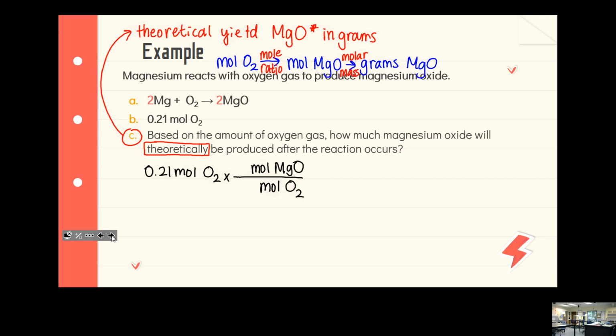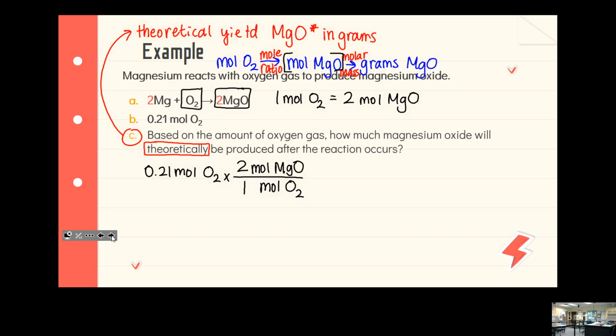I go back to my balanced chemical reaction, and I can see that for 1 mole of O2, I'm going to produce 2 moles of magnesium oxide. So I'll take those numbers, 2 moles for 1.